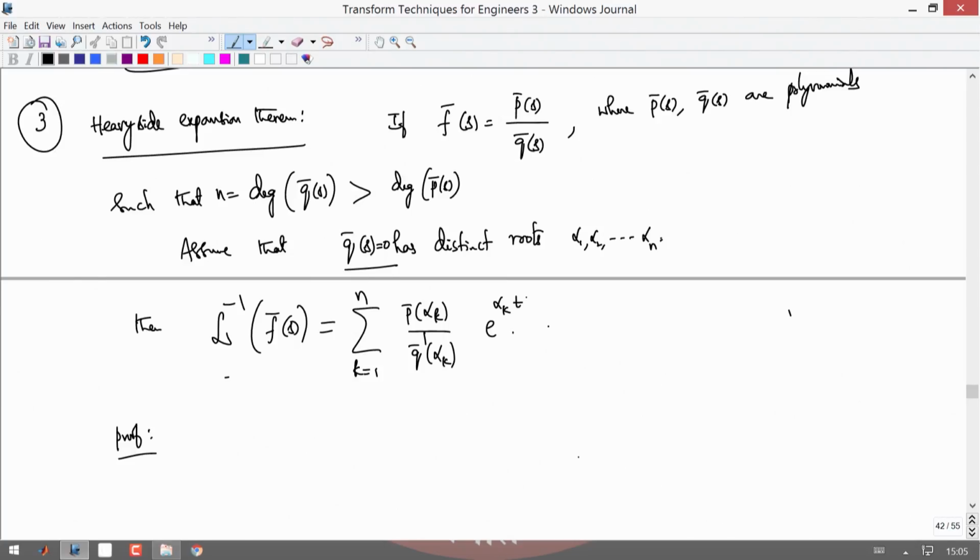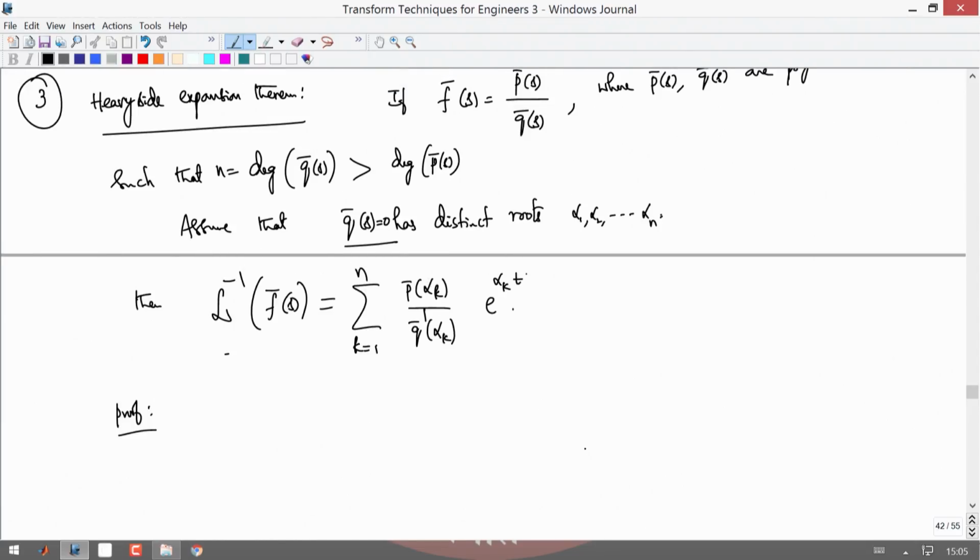This is similar to finding partial fractions, but without finding them. You simply get the expression p bar by q bar dash, the derivative of q bar, and you replace s by alpha k. These alpha k are the roots of the denominator, q bar of s equal to 0.